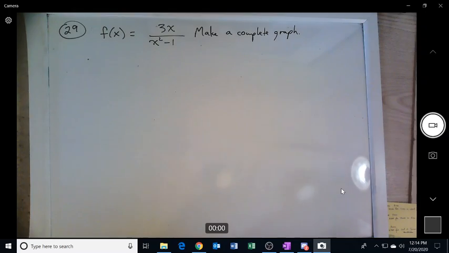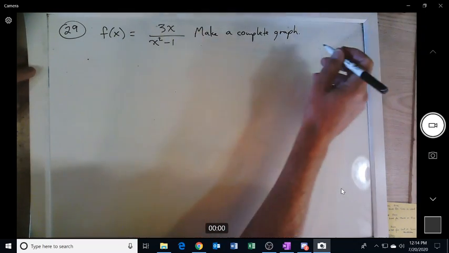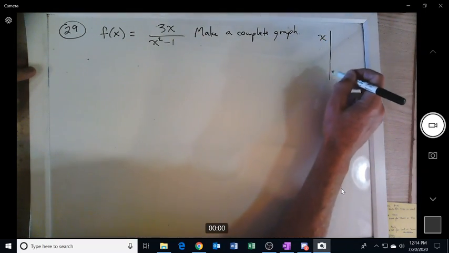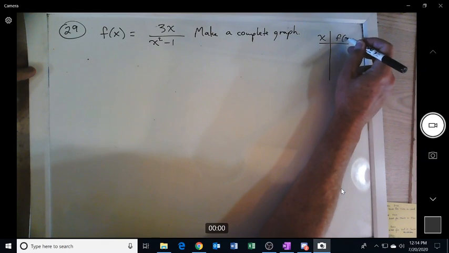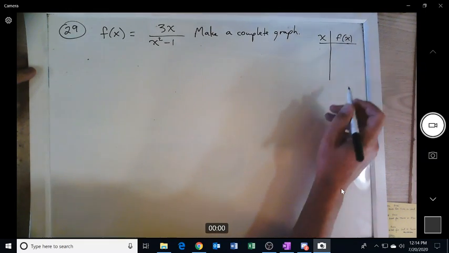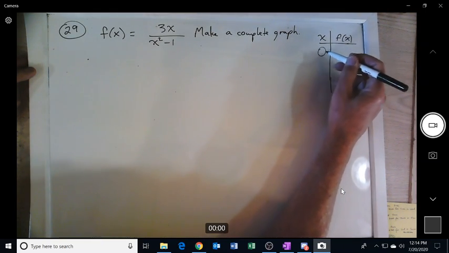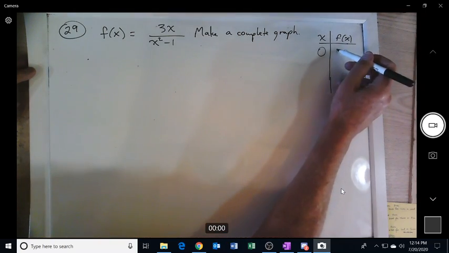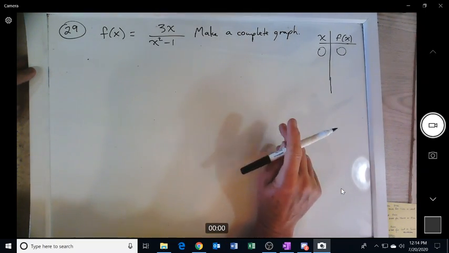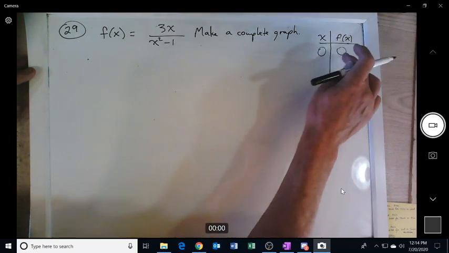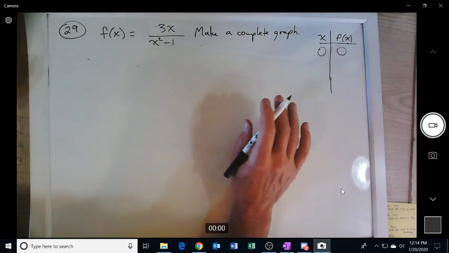Alright, so I'm going to make a master table. I always put 0 in. It's an easy point. And I'm going to get 0 out. And that point is my y-intercept and my x-intercept.